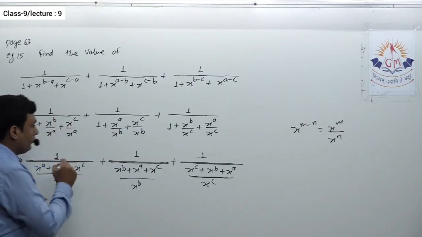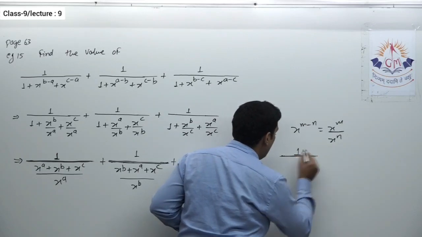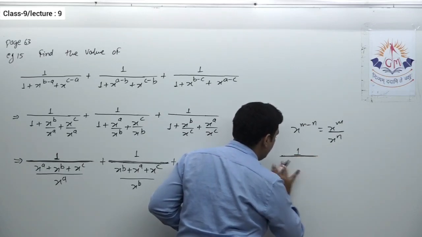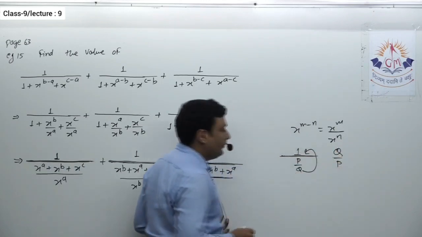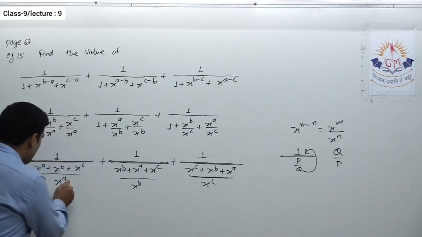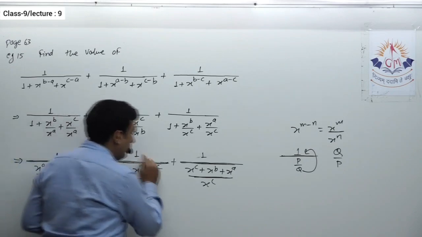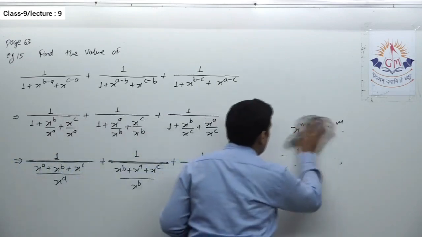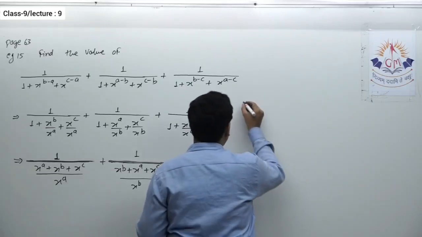Now how to solve this? I actually have 1 upon p upon q, so this q will come over here and ultimately it becomes q upon p. So x raised to a comes in the numerator, here x raised to b comes, and here x raised to c comes. So what I will get in the next step, let me solve over here.